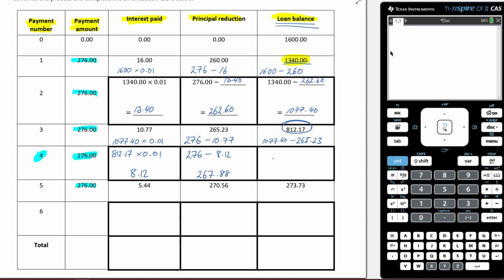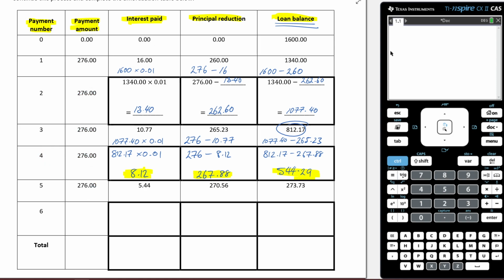And then finally, to figure out my new loan balance, I take my loan balance from the previous month, which was 812.17, and I subtract away 267.88. And when I do that, I'm going to end up with 544.29. So as you can see then, I might highlight this just so it's very clear. This is my new numbers.